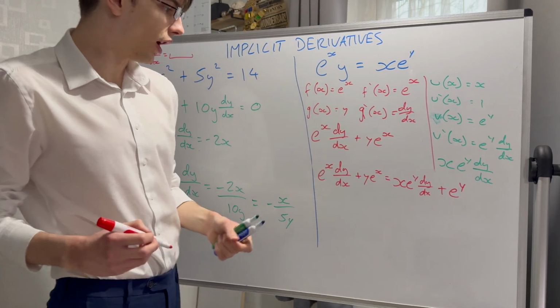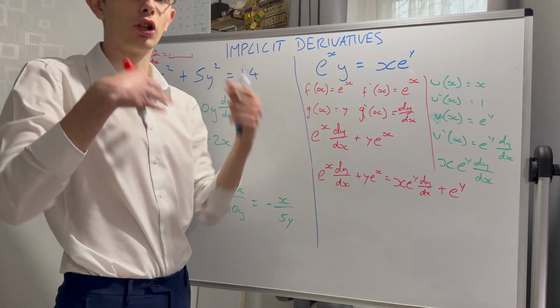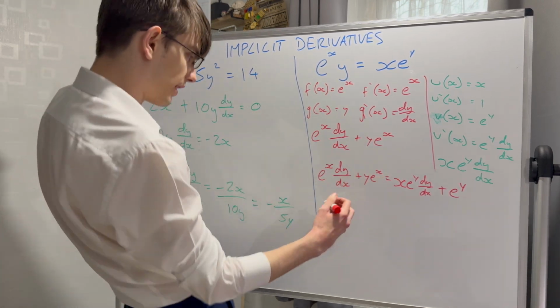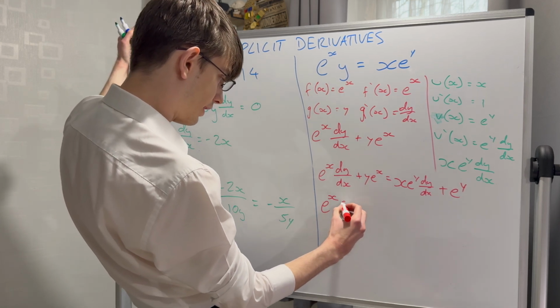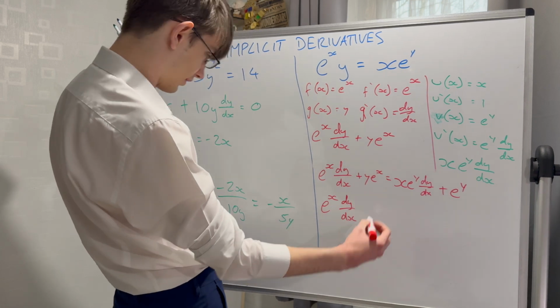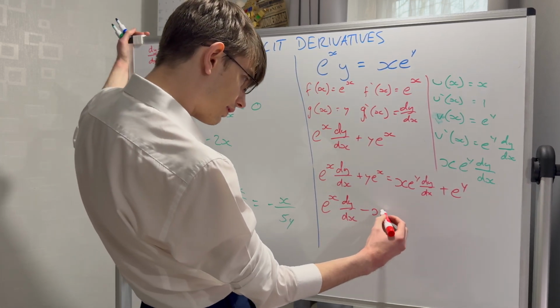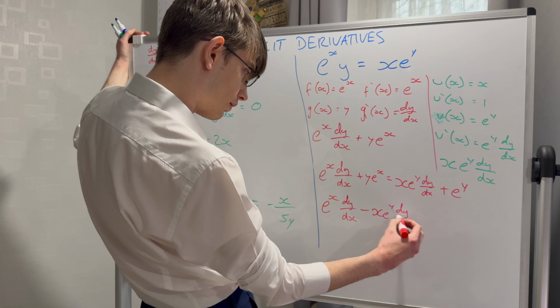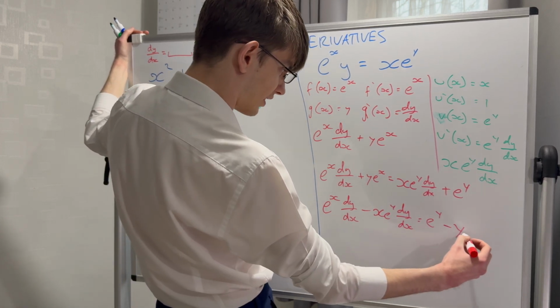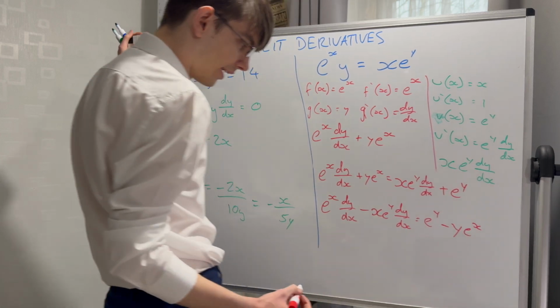Nice. Right, and again, there's an equal sign. I'm going to want the differential equal to something. So let's get my dy by dx on one side. So e to the x dy by dx minus x e to the y dy by dx equals e to the y, and then I'll minus y e to the x from both sides.